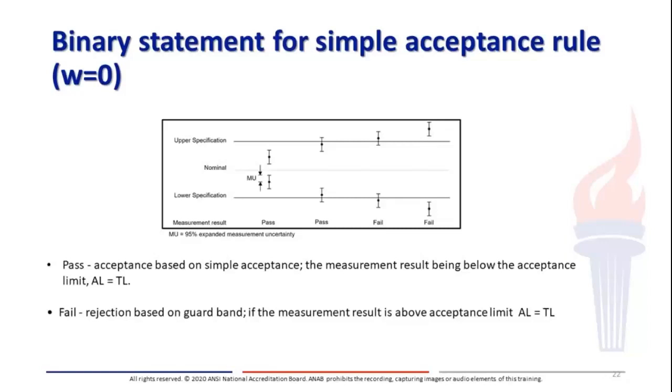We falsely reject the measurement because uncertainty brings it back into the specification limit. And then the far right example, the measurement is beyond the specification limits. We extend that measurement with uncertainty, and we can see that it is actually failing in this situation.